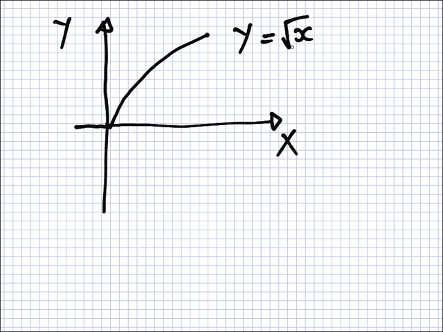Okay? And let's say I'll mark off the point here. Let's keep the numbers easy as well. We'll mark off the point 4. So if I'm at x is 4, what's the y? 2. Why? Square root of 4. Yeah?